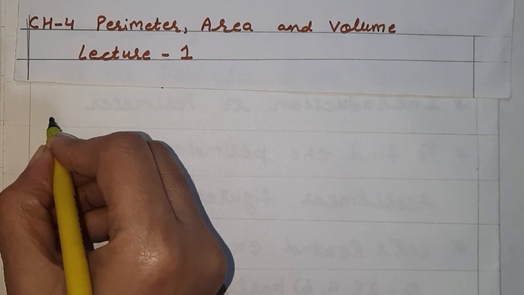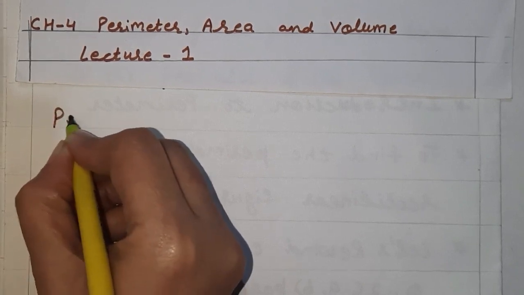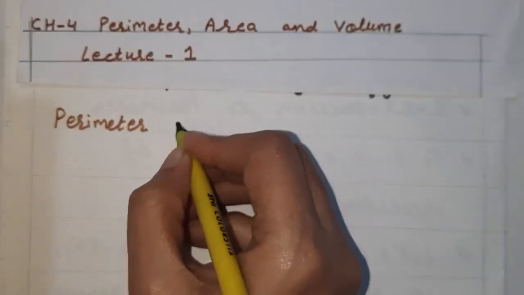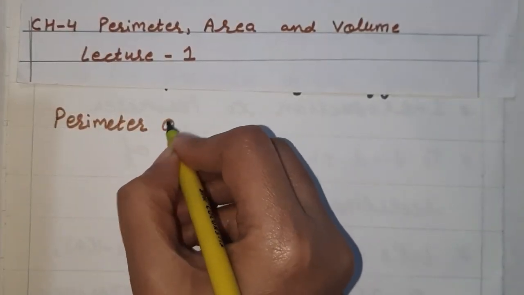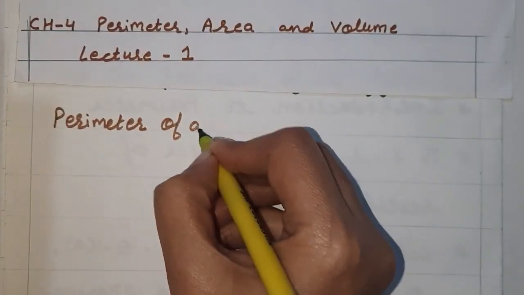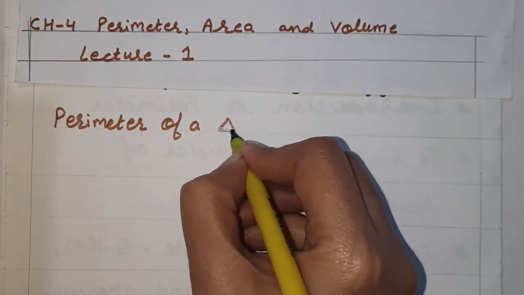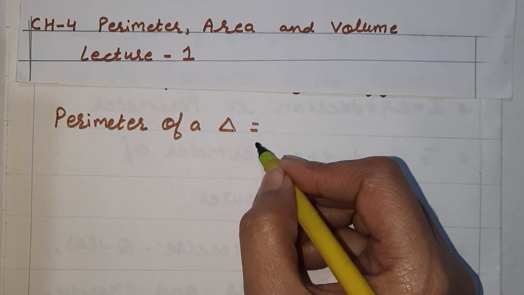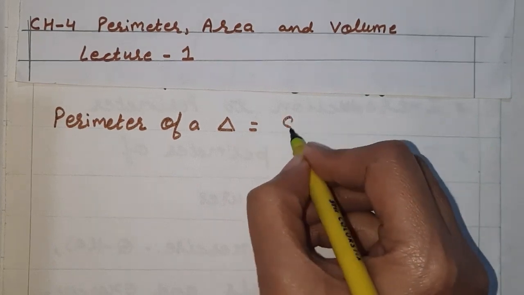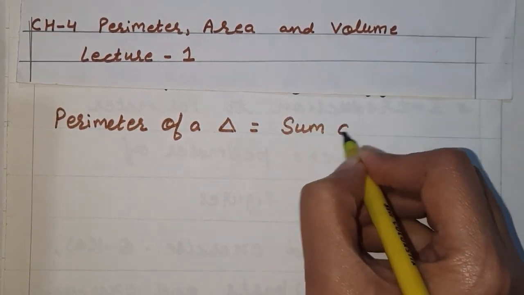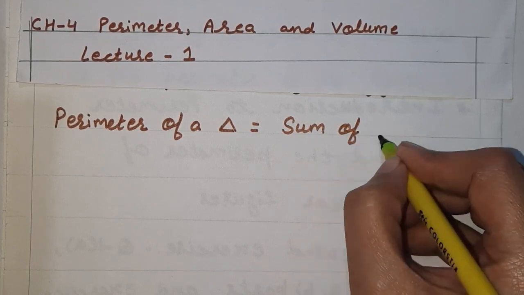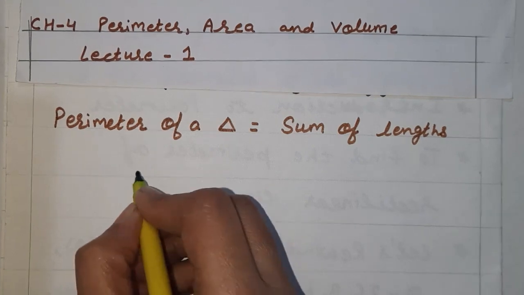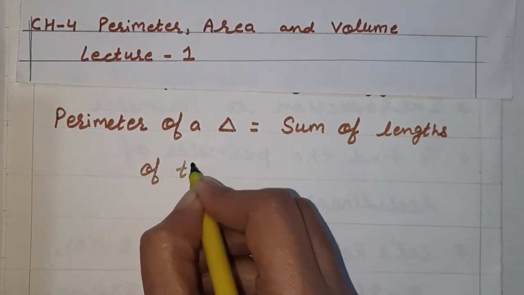So we have got 3 formulas. Perimeter of a triangle. You can write down the spelling also, or you can make the symbol. Perimeter is sum of lengths of 3 sides.